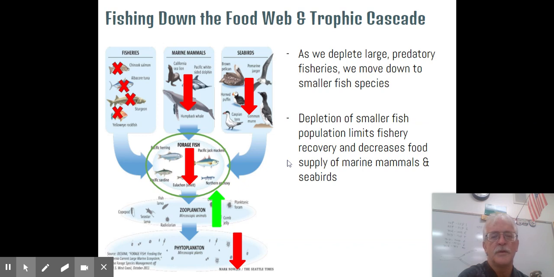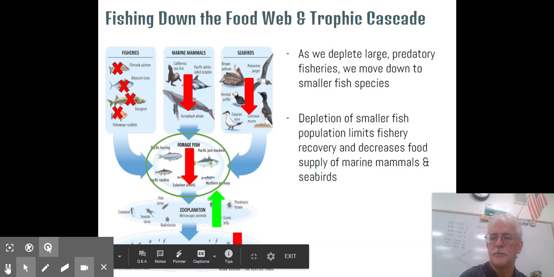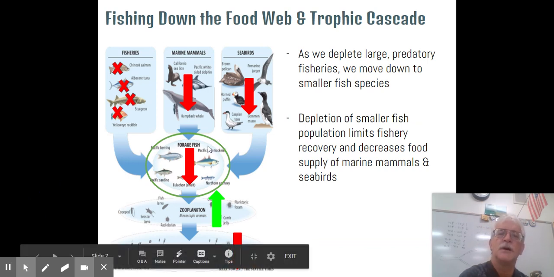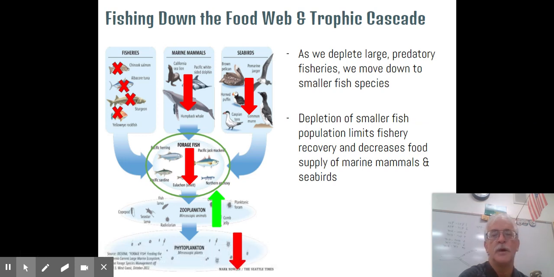Now, one of the things that has really been seen in the last couple of years is with the sea otter. The sea otter population is going down, not because people are catching it, but because we're overfishing whales. Well, what does that have to do with a sea otter? One of the things that eats whales are killer whales.